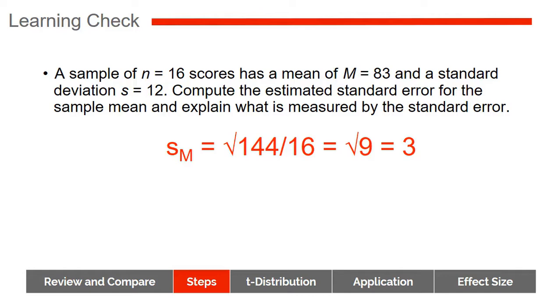But if you recall, the standard deviation is the square root of the variance. So when we're given a standard deviation, we can just square it to figure out the variance. The standard deviation is 12, so 12 times 12 gives us 144. So the estimated standard error is the square root of the variance, 144, divided by 16, which gives us a square root of 9, which means our estimated standard error is 3.